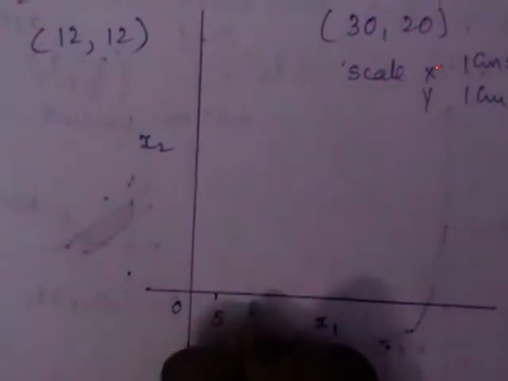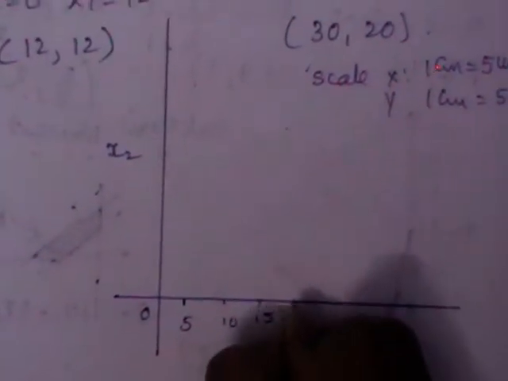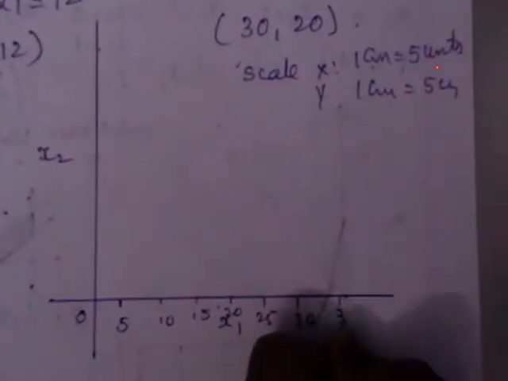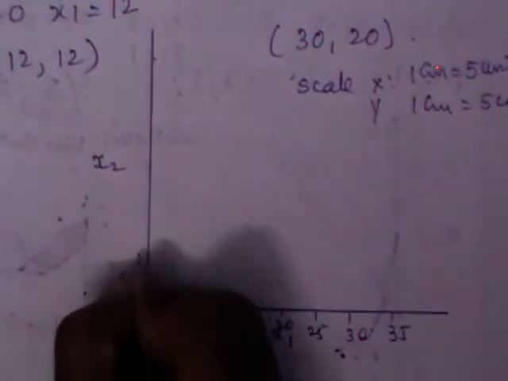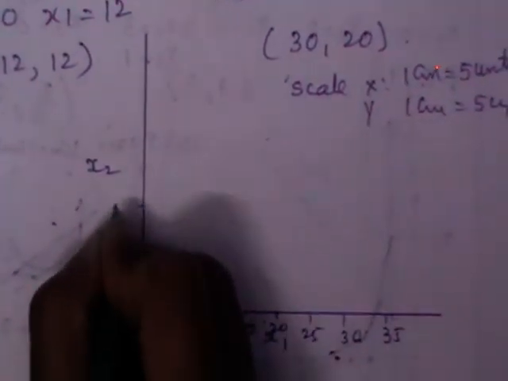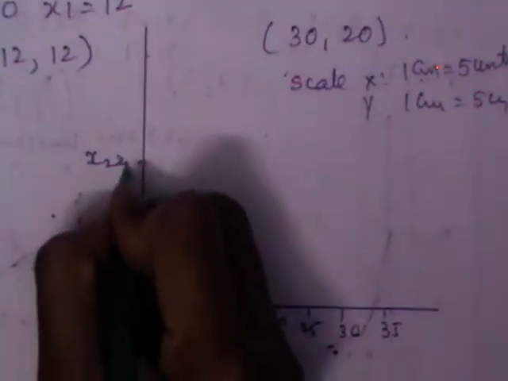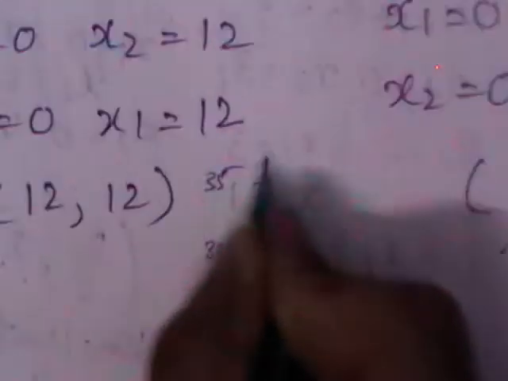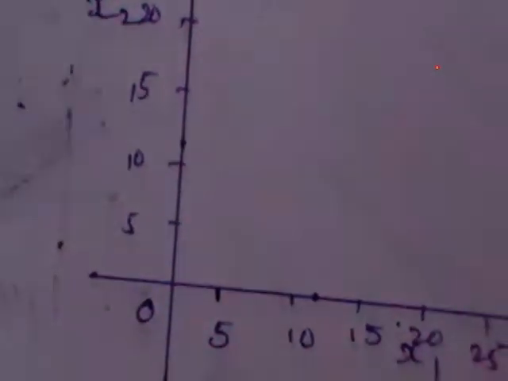That is 5, 10, 15, 20, 25, 30, 35. Here also 5, 10, 15, 20, 25, 30, 35. What is the first ordered pair we have? 12, 12. Approximately here you will get 12 and another 12.